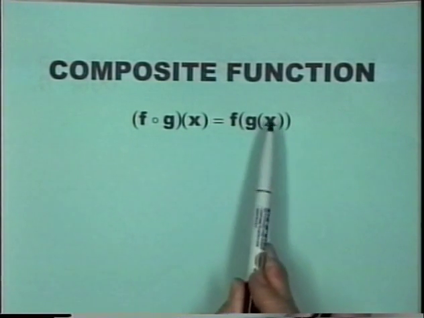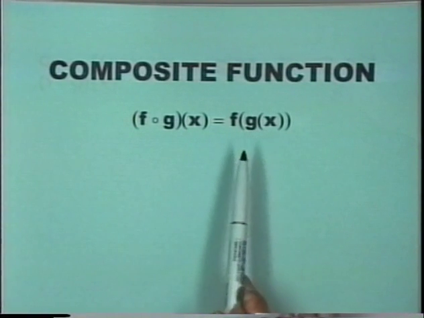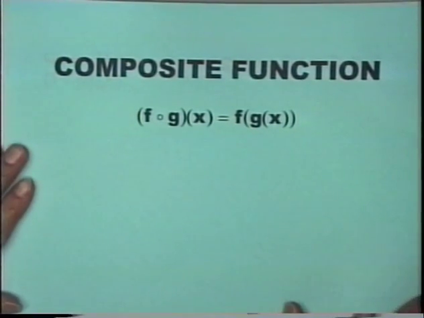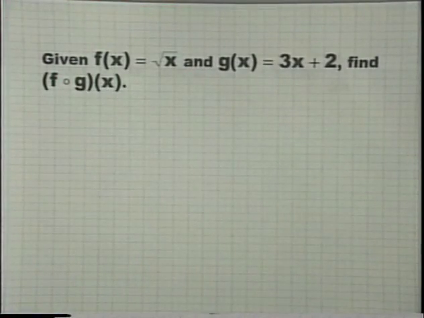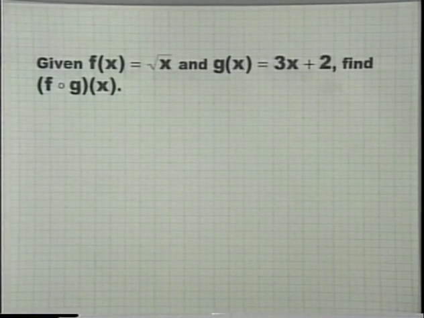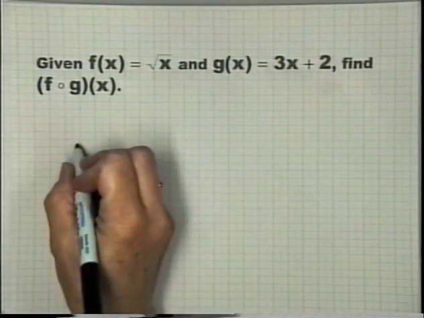In other words, the function g of x gets inserted into the structure of function f. For example, to review that idea, given that f of x is the square root of x and g of x is 3x plus 2, we're going to find f circle g of x.